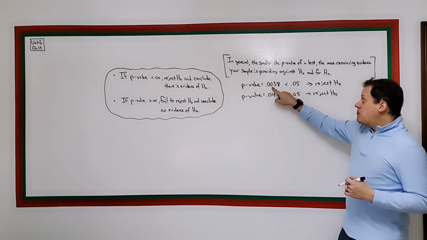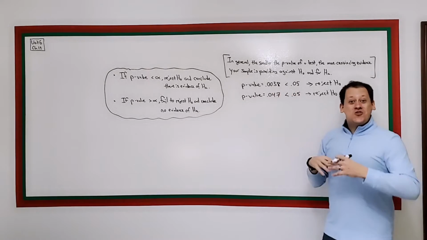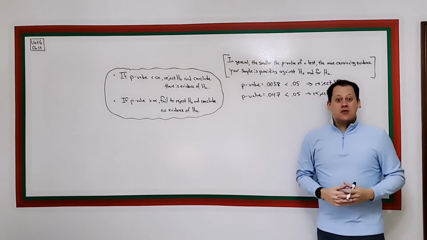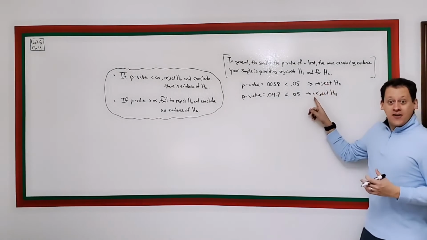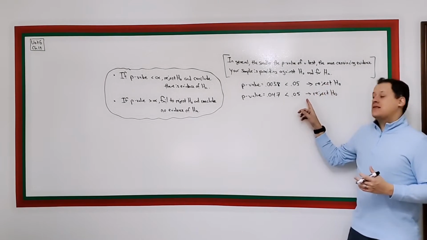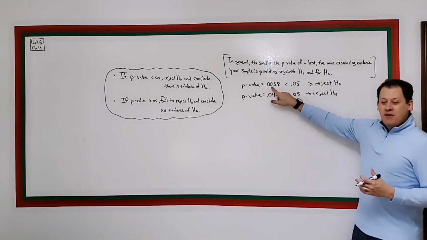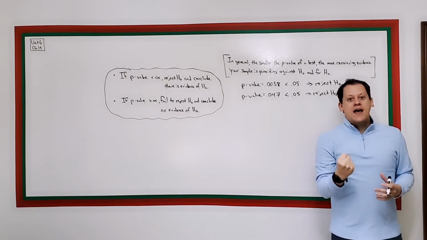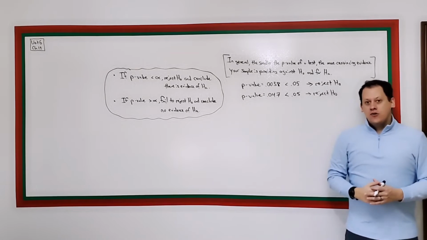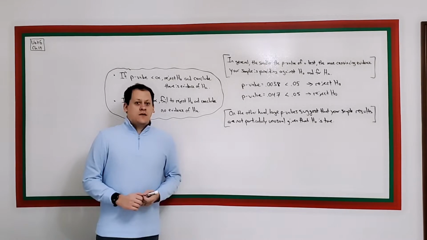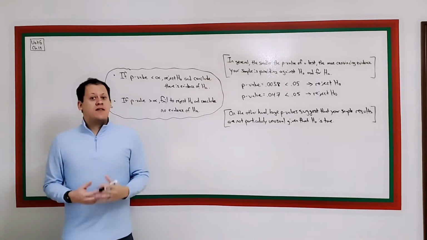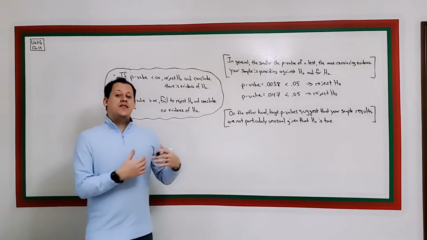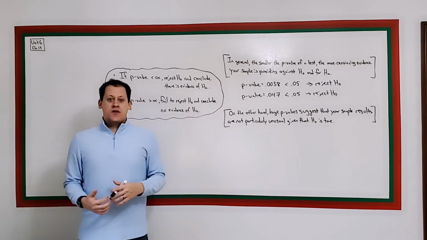So the smaller the p-value, the stronger evidence you have against the null hypothesis. We're still rejecting that null hypothesis for both of these samples. But the smaller that p-value is, the stronger the evidence is against that null hypothesis. So now we understand smaller p-values are more convincing evidence toward the alternative hypothesis away from the null.